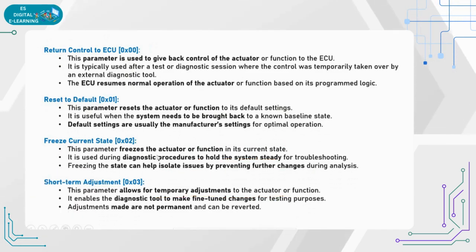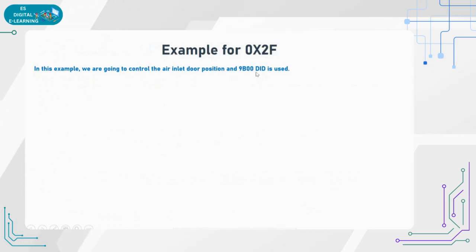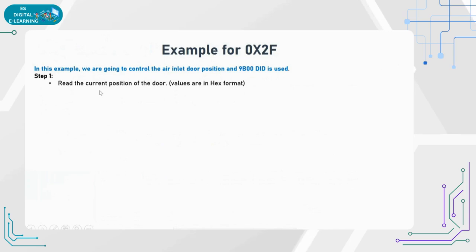Is it clear? Now an example for 2F. I consider one real-time scenario: air inlet door position, with one DID specifically for the inlet door position. How are we doing it? Step 1, we read the current position of the door.